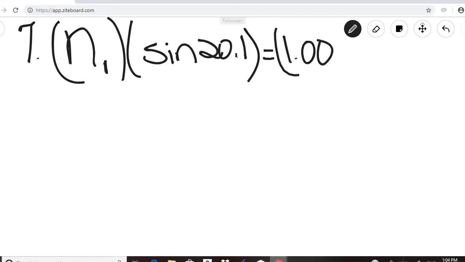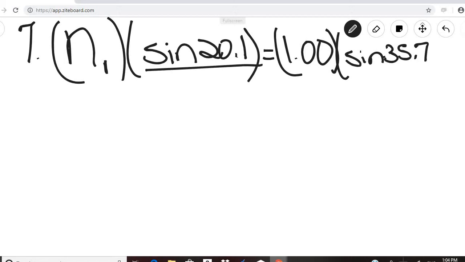and it's going to refract at an angle of 35.7, the sine of 35.7. Okay, so now we're just going to solve for n1. So we'll just divide both sides by the sine of 20.1.